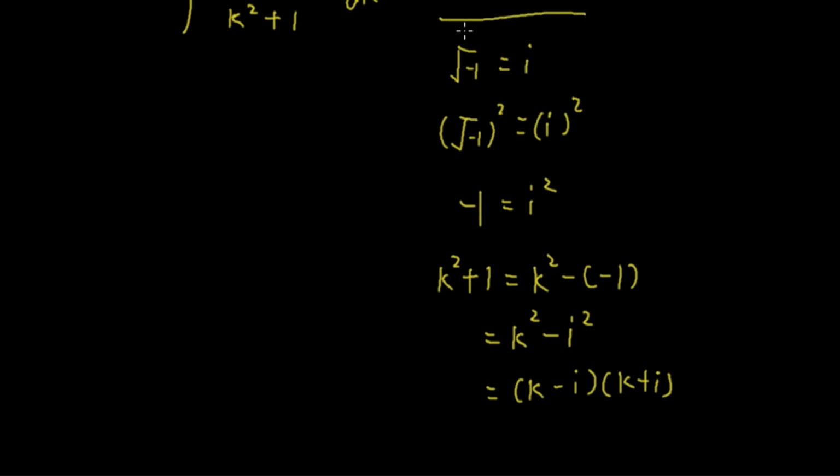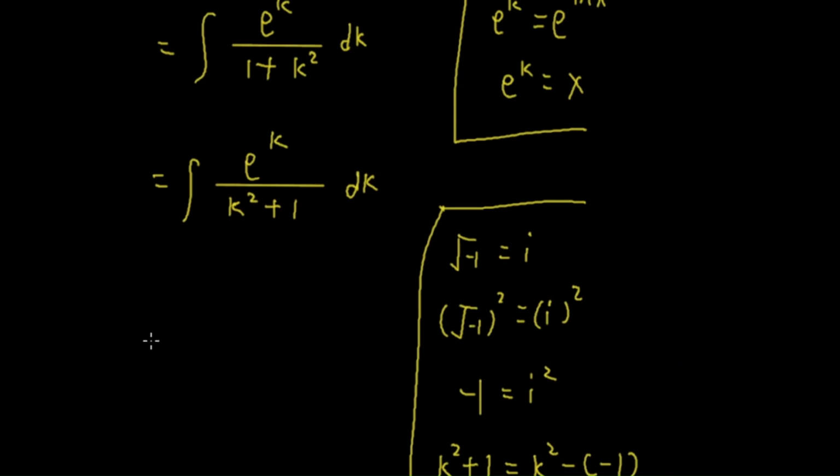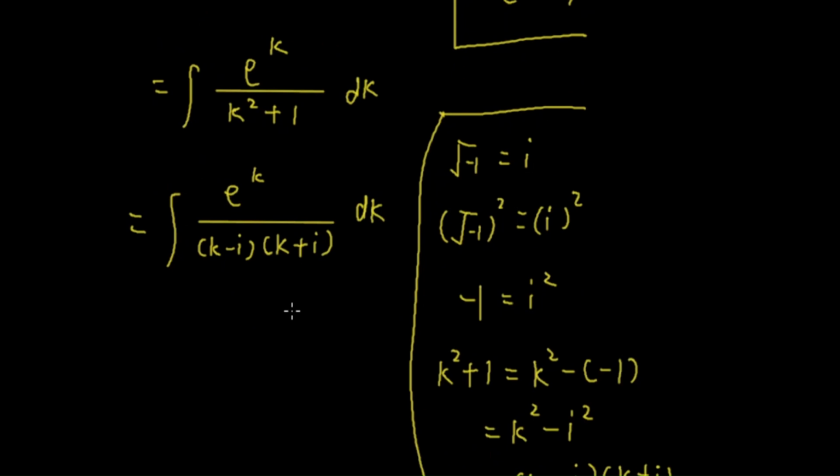Okay, so this one here, let me separate this. So I can rewrite this integral as e to the k over k minus i times k plus i dk. Okay, now what do we do? Now, looks like we can use partial fraction decomposition on this, right?